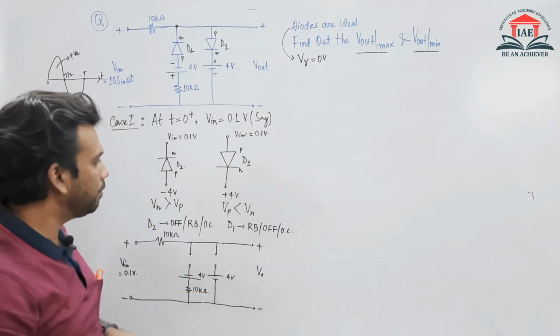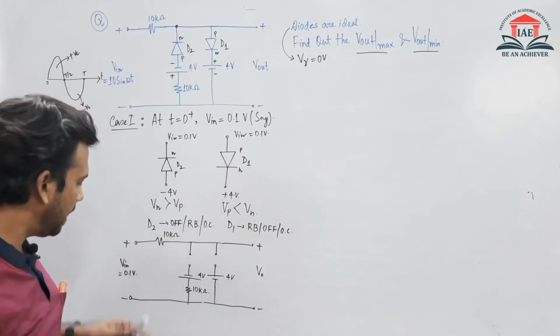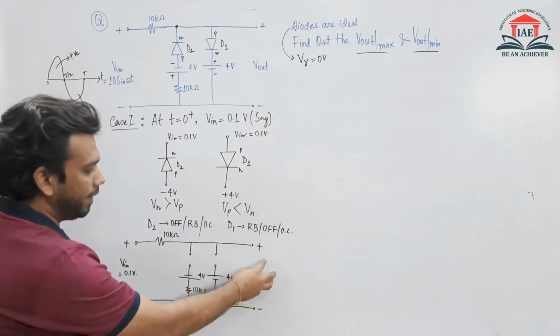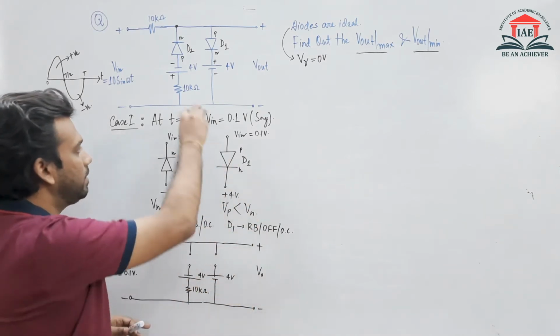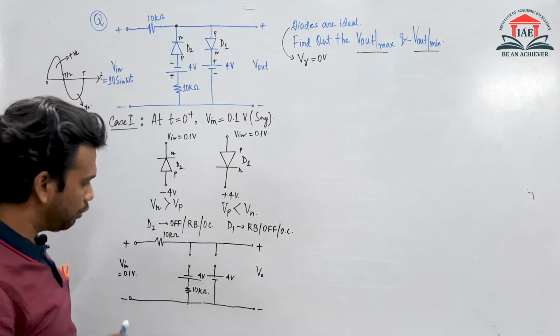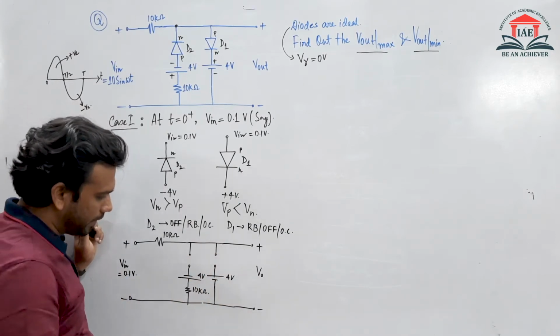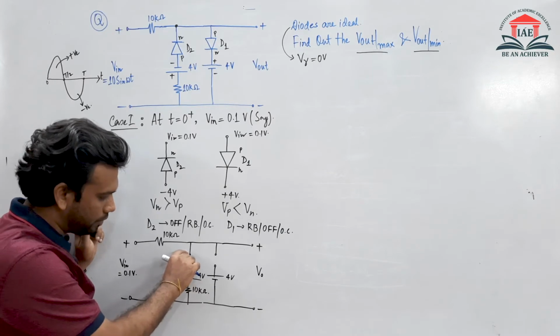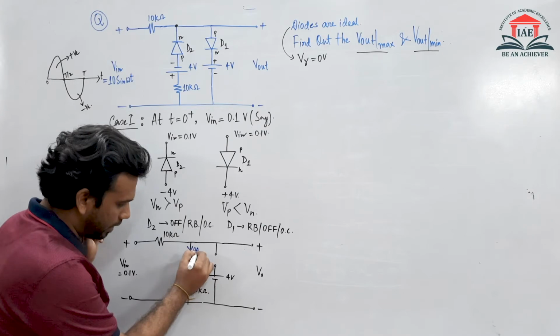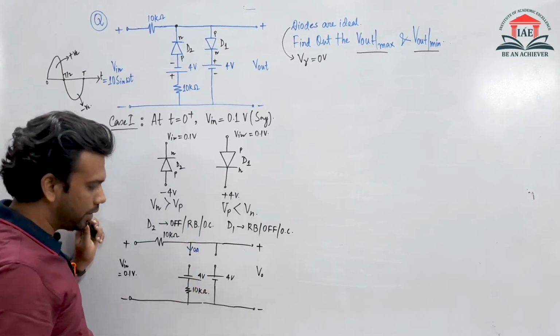Now if I ask you what will be the output voltage at this time instant, that means the value of V0 at t equals 0 plus. Look at this equivalent circuit. Since the D2 diode is open circuit, 0 ampere current will flow through this branch.